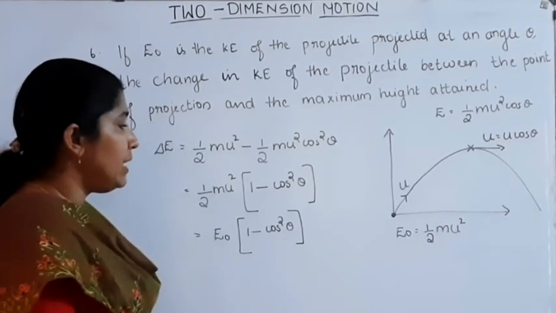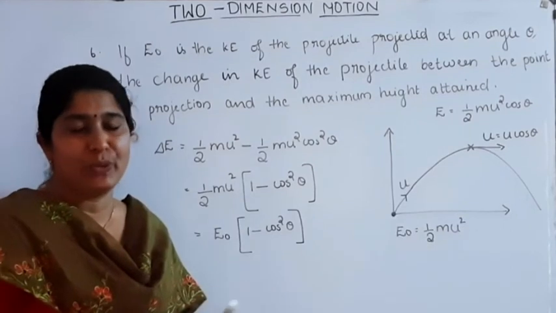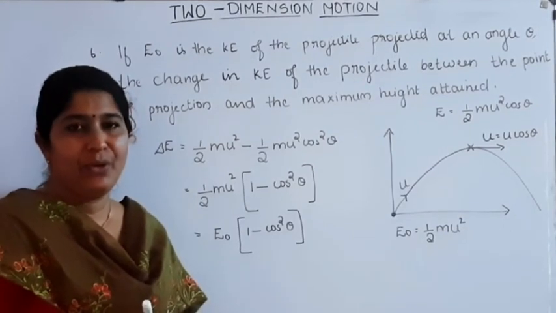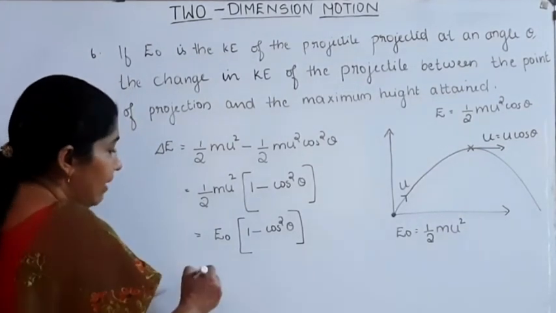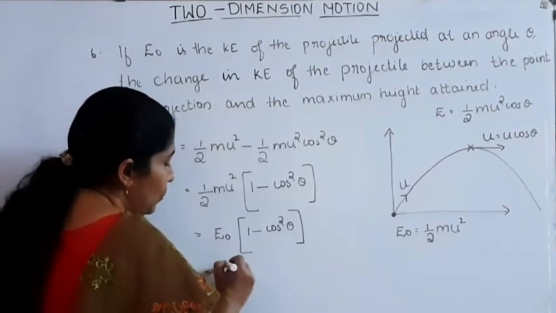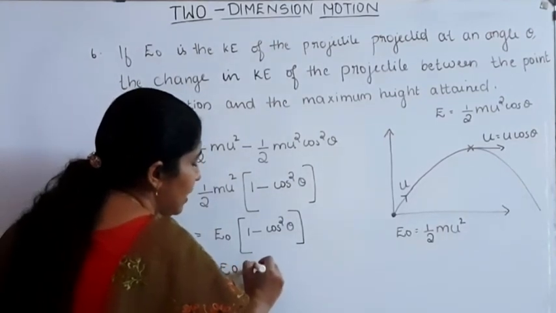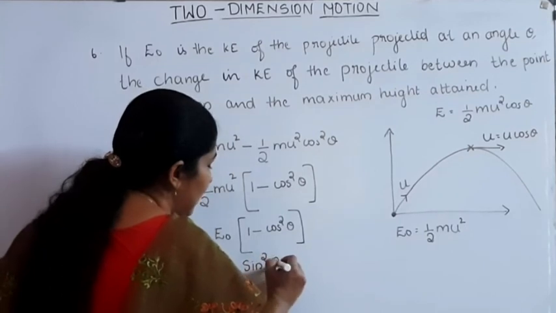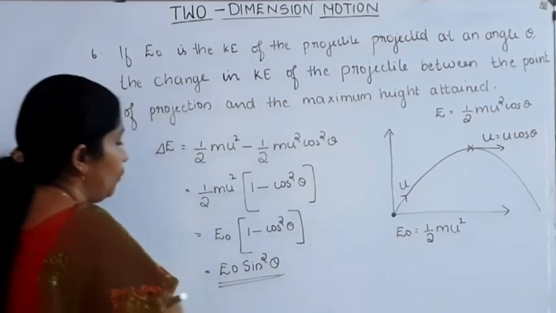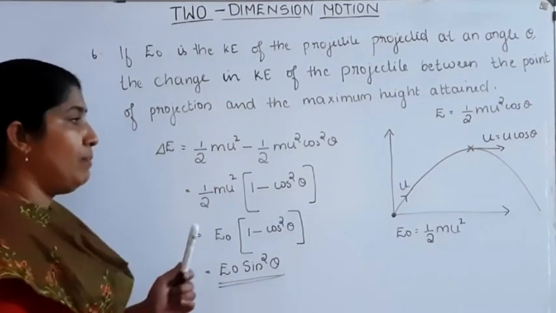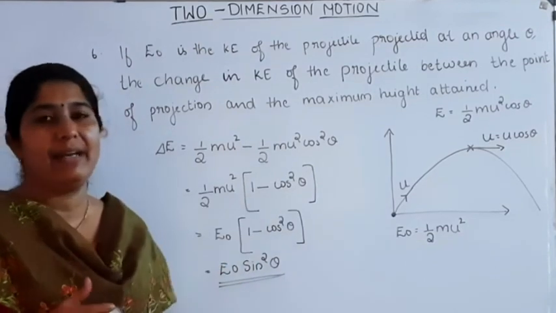Therefore, sin square theta is equal to 1 minus cos square theta. Then we can write E0 into sin square theta, which is the value of the change in kinetic energy between the initial point and the maximum height.